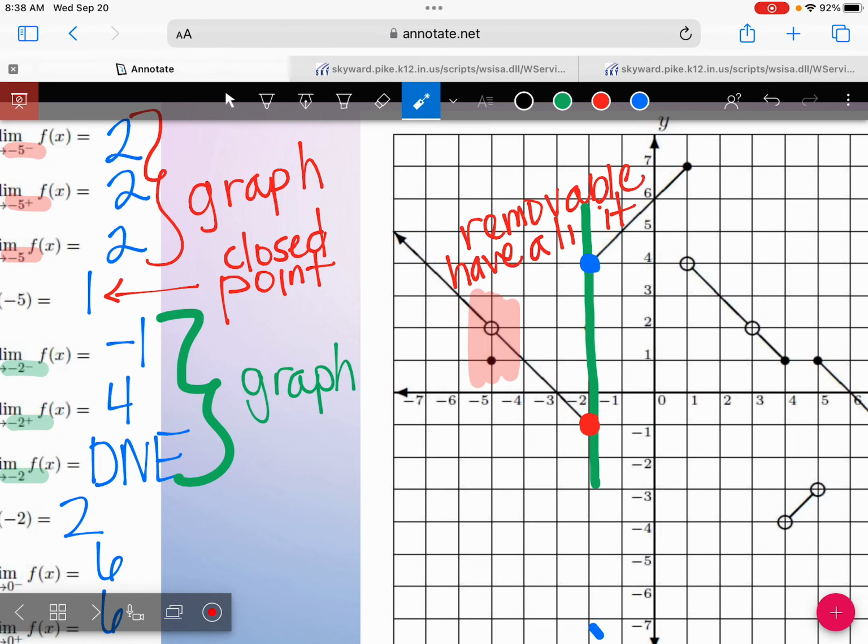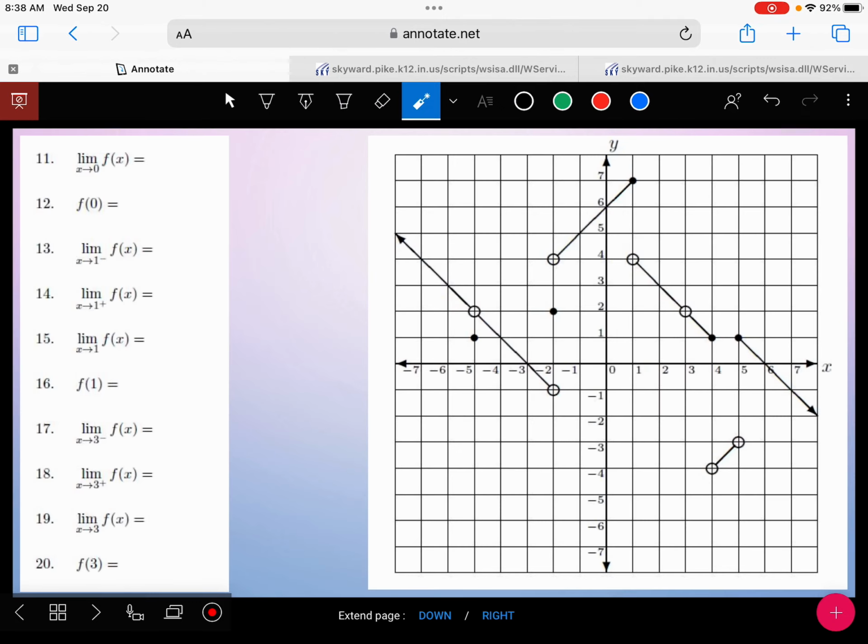All right, I'm going to give you a few minutes, and I want you to finish it. I want you to do 11 through 29. 11 through 28. I'm not really concerned with 29. All right, do 11 through 28.